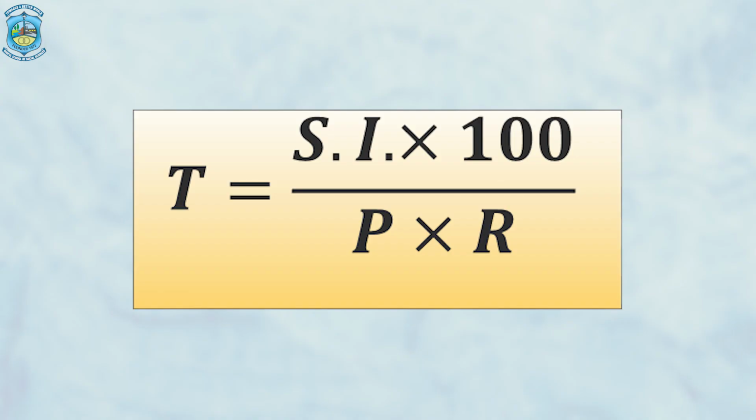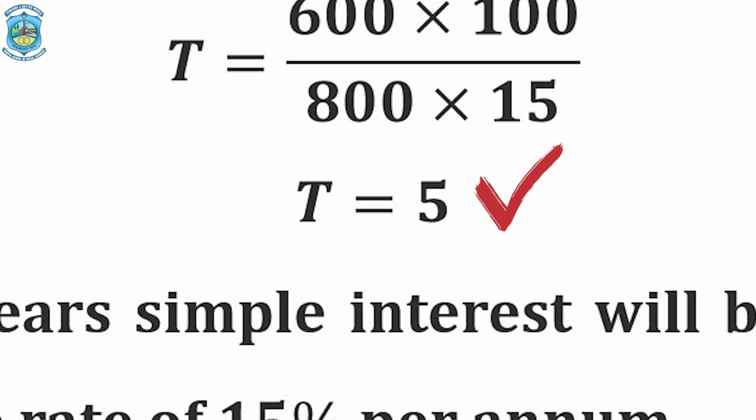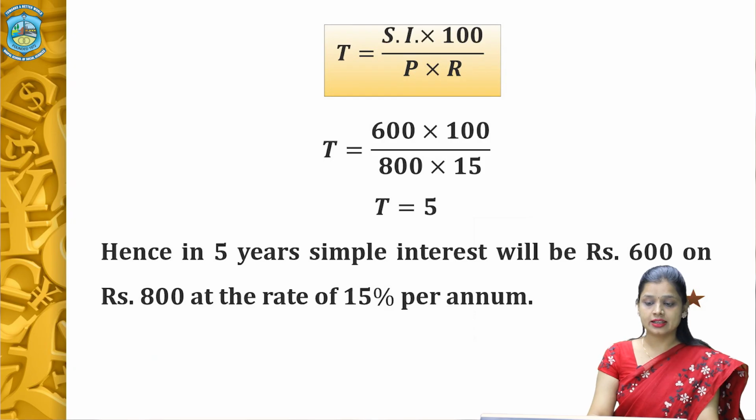First we apply the formula SI equals PRT by 100 and then we find the value of T by cross multiplication, which is SI multiplied by 100 divided by P into R. Now, we substitute the value of SI, which is 600, P which is 800 and R 15. Next we simplify this term and we get 5. So, T equals 5. Hence, in 5 years simple interest will be rupees 600 on rupees 800 at the rate of 15% per annum.